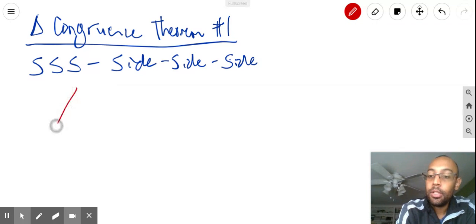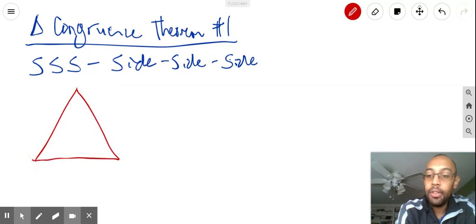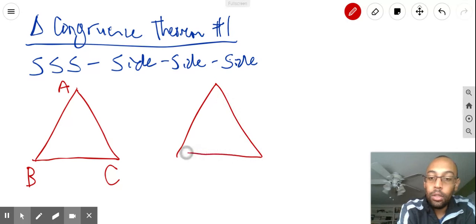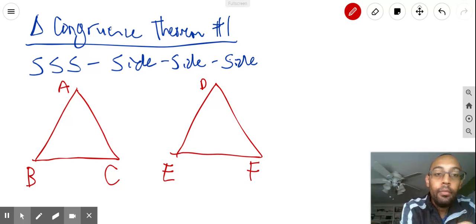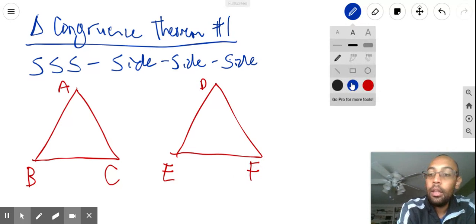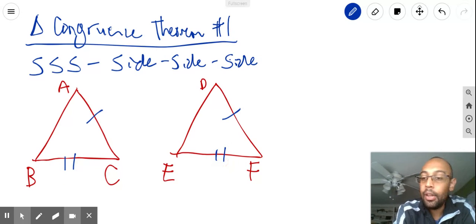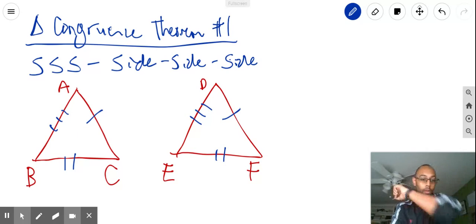Again, I'm just going to use the two triangles I showed in the previous example. I have triangle ABC, and I have triangle DEF. Let's say that AC is congruent to side DF, BC is congruent to EF, and AB is congruent to DE.